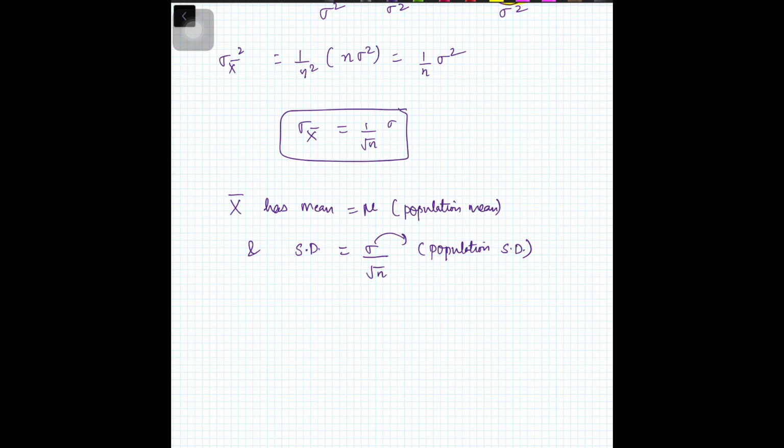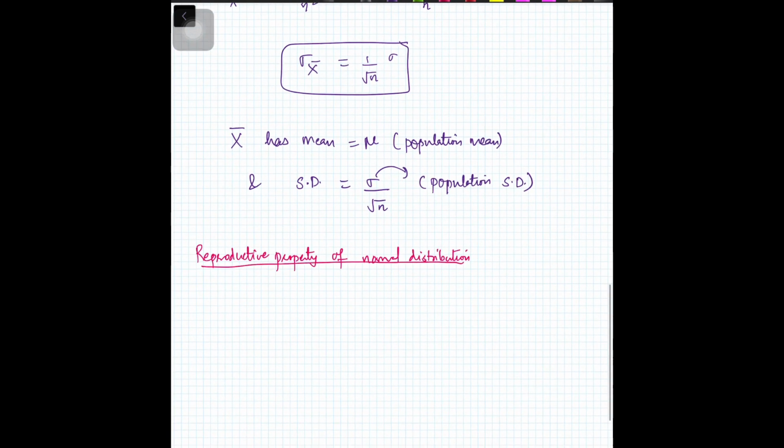Because the aim of this course right now is just to give you a glimpse, I will not go into the proofs. So we have something called the reproductive property of normal distribution, which is actually very easy to think about.